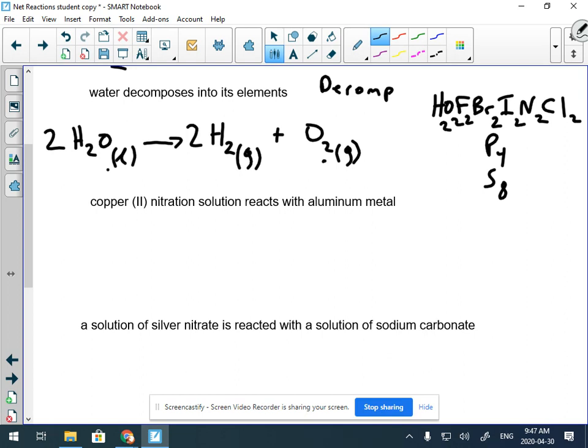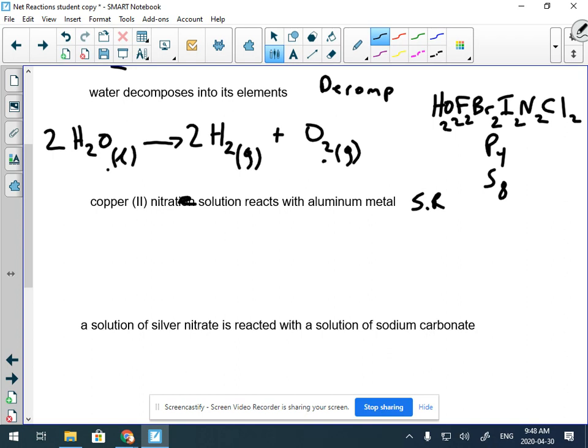Okay, next one. Copper(II) nitrate solution reacts with aluminum metal. Okay, so here we have a compound, copper and nitrate. That's an ionic compound. And it's reacting with aluminum metal, which is an element. So this is a single replacement reaction.